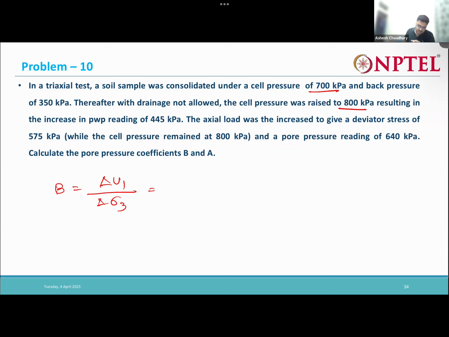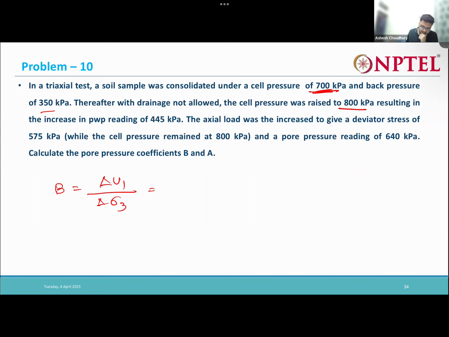Initially, cell pressure was 700 and back pressure was 350, which means the back pressure is actually equal to the pore water pressure here. So at 700, my pore water pressure was 350.